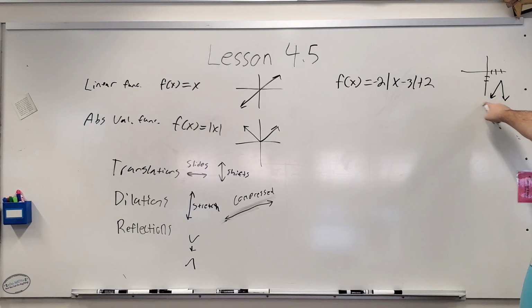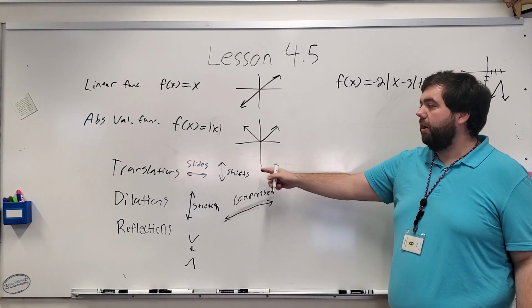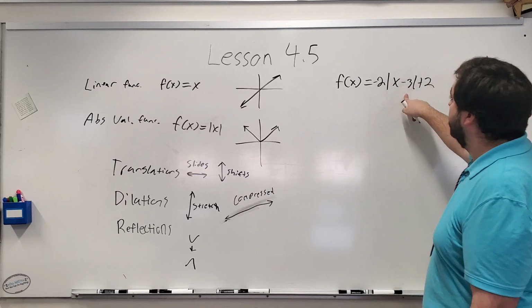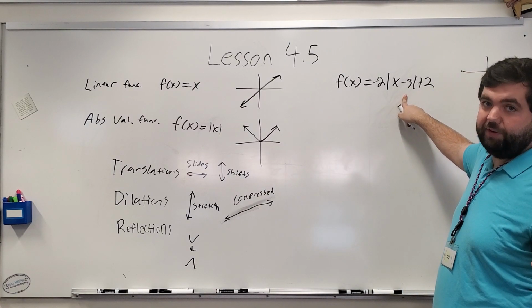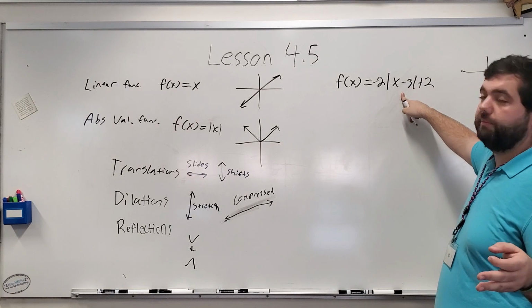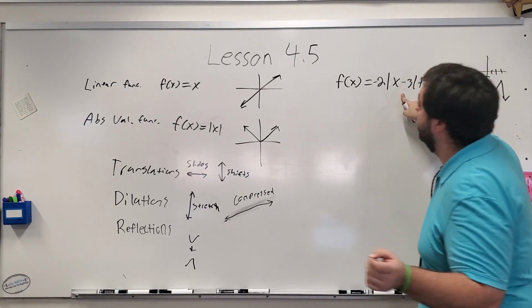How do I get from there to there, okay? I like to go step by step. So first I decide, are there any slides or shifts? First we find our vertex. I'm just going to use the shorthand. We all know it already.